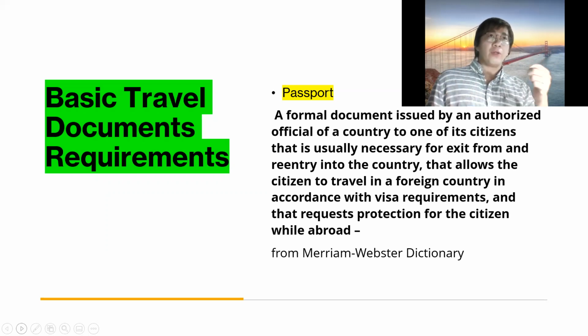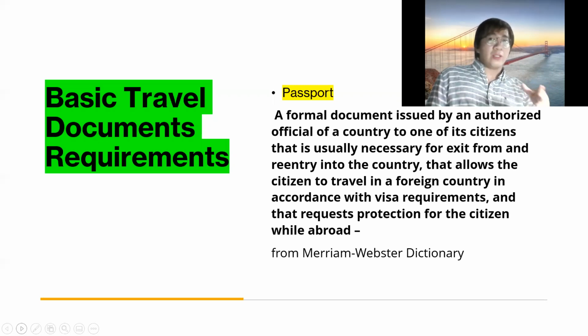Now, in the case of the European Union, for example, Paris going to Italy, that is considered to be a domestic flight, considering these two countries are part of the European Union. Before, we acknowledged that as an international flight, but since there is a treaty or declaration that European member states, or the EU member community states, are treated as one territory, they only issue what we call the Schengen visa.